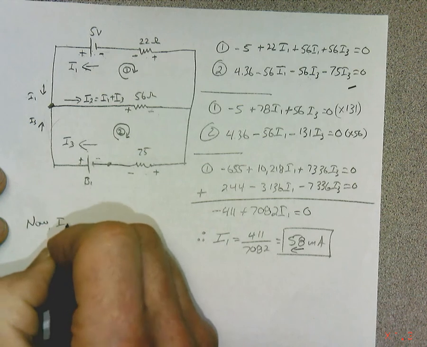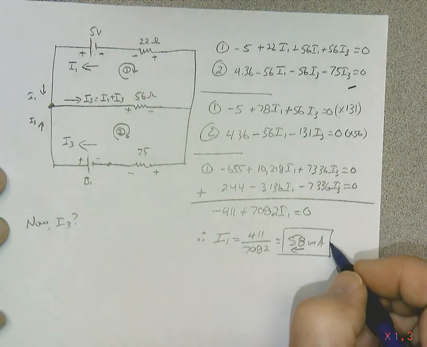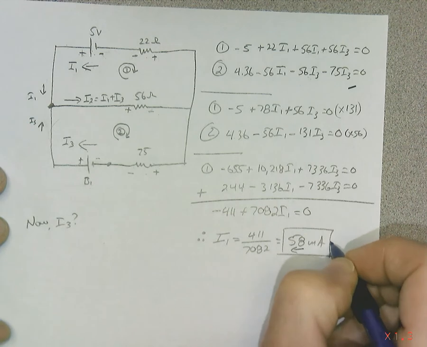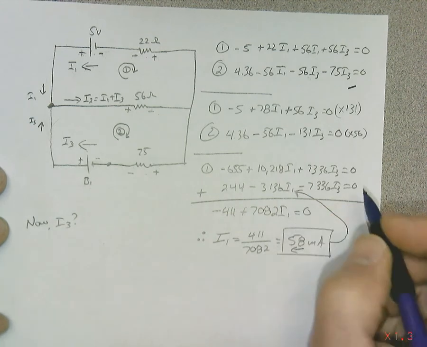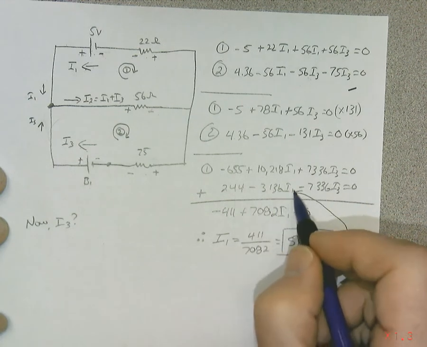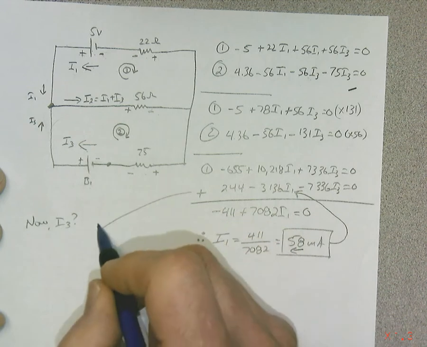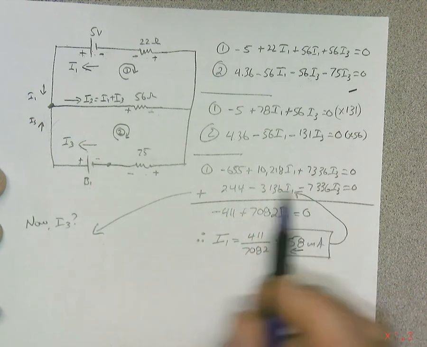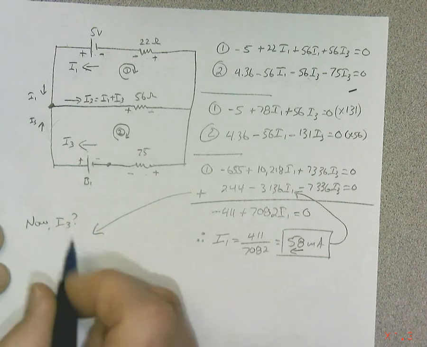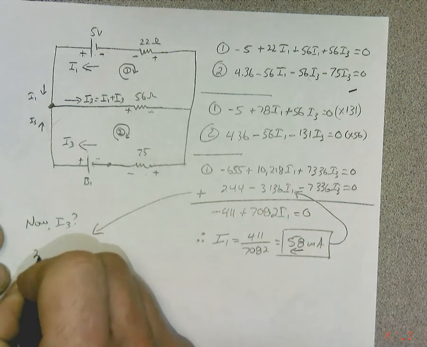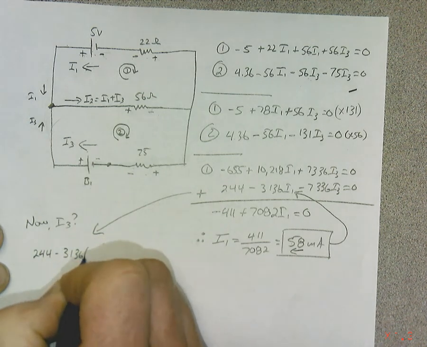Now, I3. What's I3? Well, I'm going to take this value of I1 and stick it into one of my equations. I'll go ahead and choose this one just because I feel like it. I could plug it into here. So we're going to sub that in, bring it down here, and then what we have is 244 minus 3136 I1.